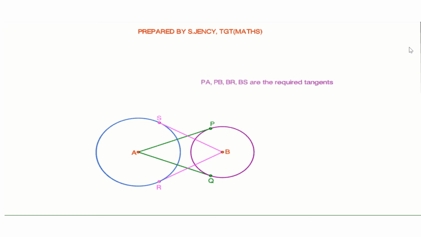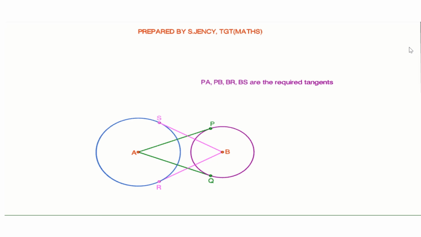Right? Nothing more. First we have to draw one line segment of 8 centimeters. Then from A I am drawing a 4 centimeter radius circle, and from B a 3 centimeter radius circle. Next I am going to draw the perpendicular bisector of AB, which means we take half of the length and draw the arcs from both sides.